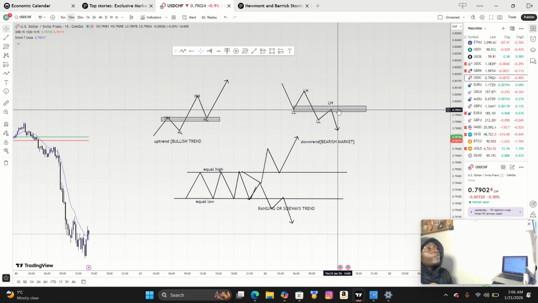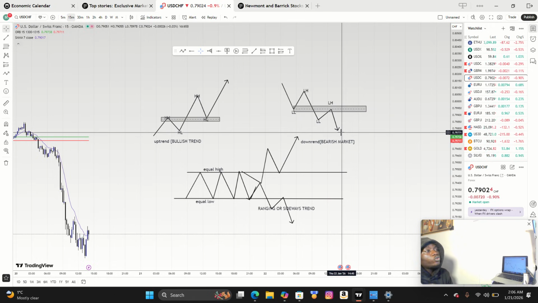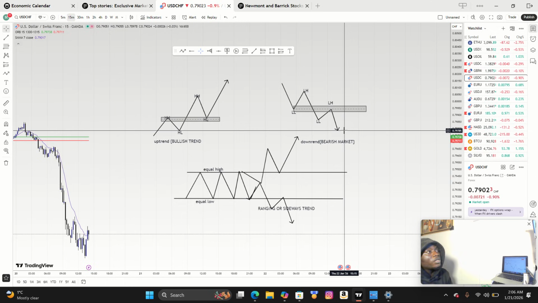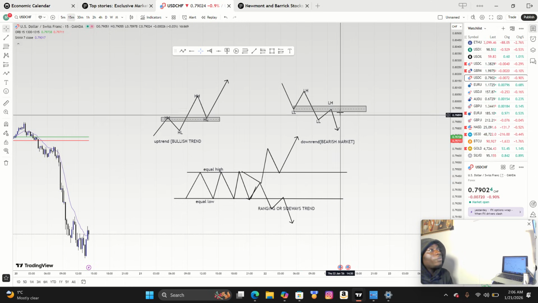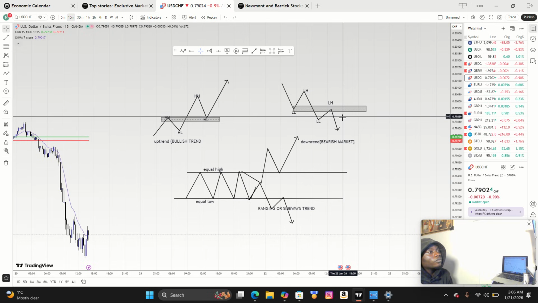So now that brings us to the last type of point of interest in the last type of market trend that we talked about. For me personally, I don't love to trade the ranging market in a lower time frame. It doesn't give me a good profit, even if I decide, okay, let me hold the trade for long.